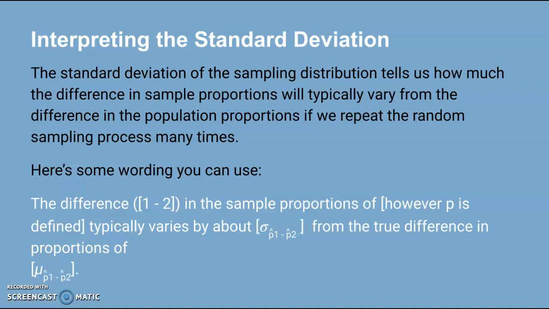You know, if you got a positive value, does it mean there were more women or more men? So the difference between the two things you're subtracting in the sample proportions of, and whatever p is defined, the proportion of women or proportion of men, typically varies by about whatever the number is that you got from the true difference in proportions of whatever the mean is.